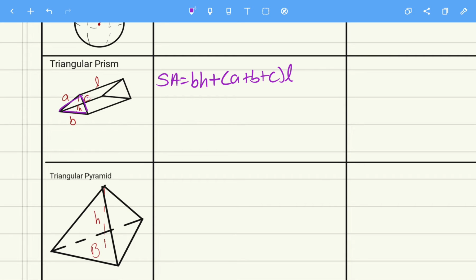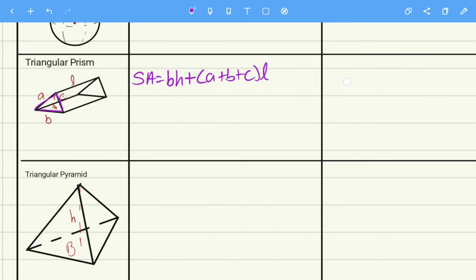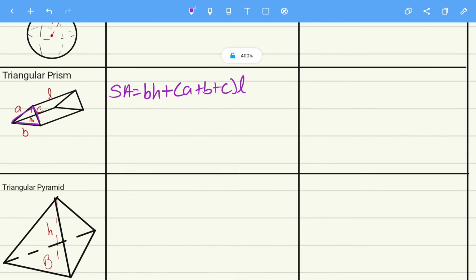That is our surface area. And the volume for triangular prism is 1/2 the base of the triangle, or one of the sides, times the height of that, times the length of the prism. You might also just see this as base times length, base being the area of that triangular base.